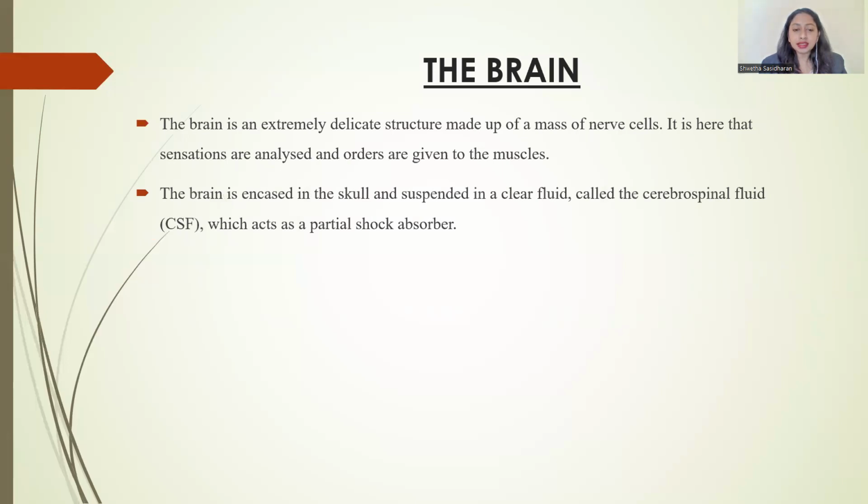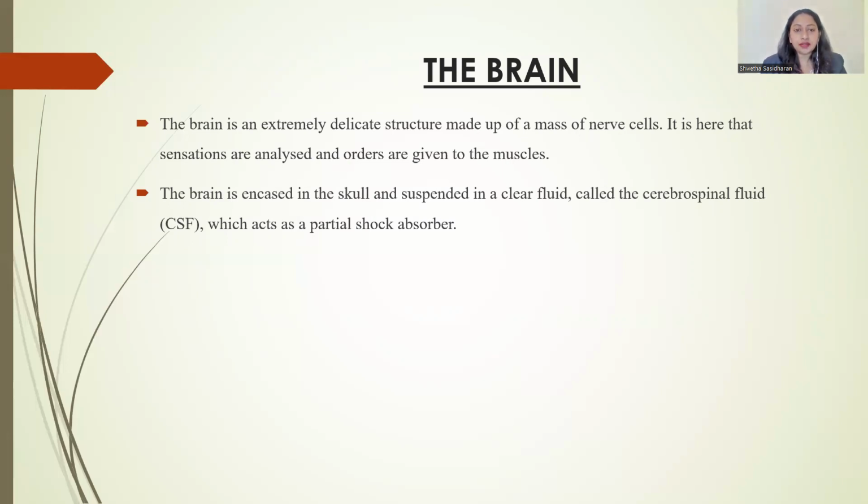The brain is encased inside the skull and suspended in clear fluid. The brain is a very important structure which always needs protection. As with the heart, which is protected by the rib cage, inside which we have the heart as well as the lungs, very much protected, in the same way the brain needs protection.